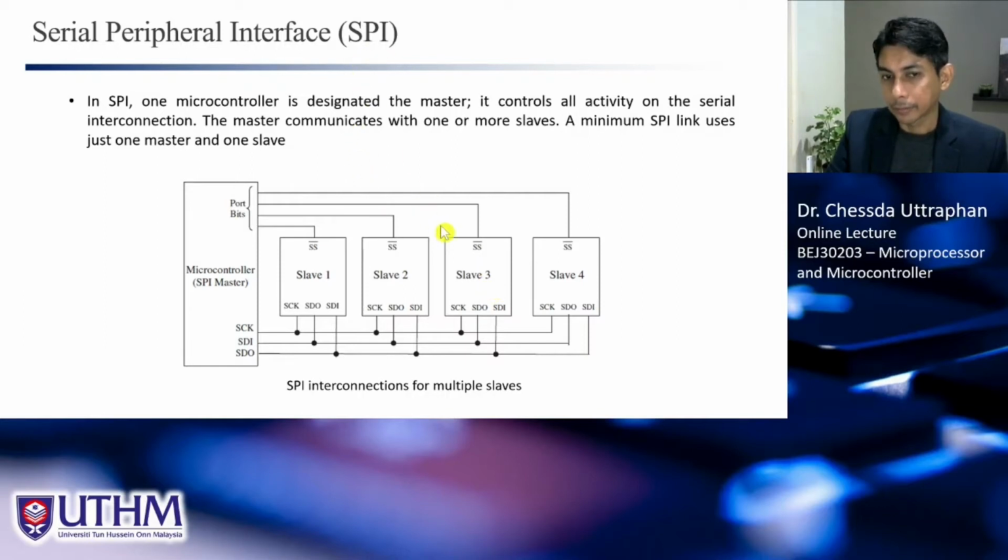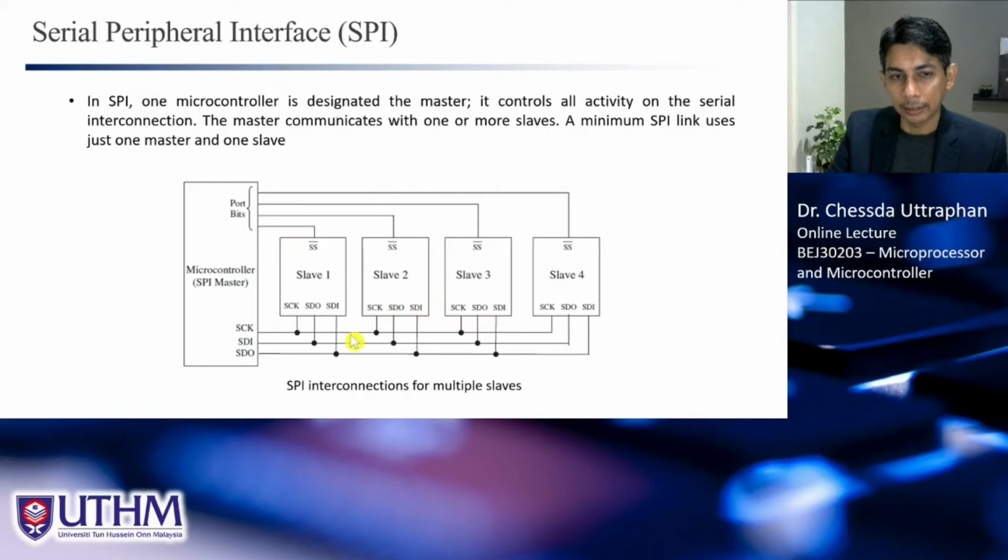But the advantage of SPI is that if we have fewer slaves, for example, only one-to-one communication or one-to-two, then it is okay, because SPI is actually quite easy to set up, right?